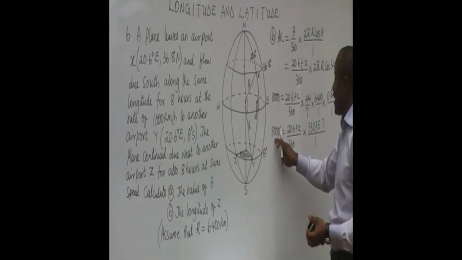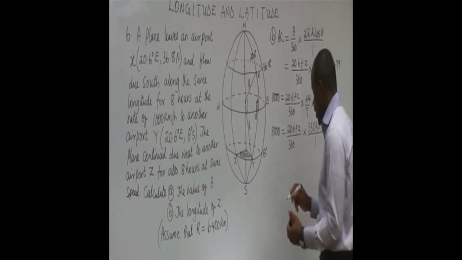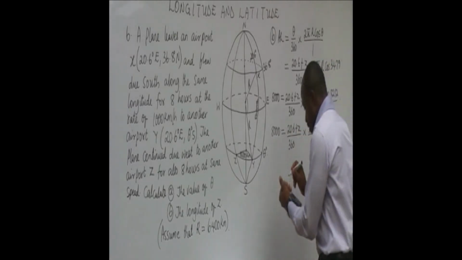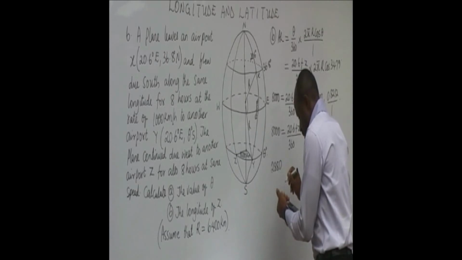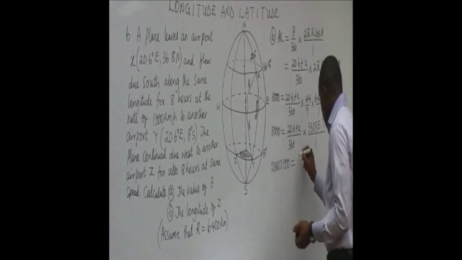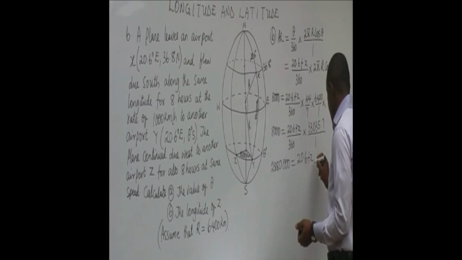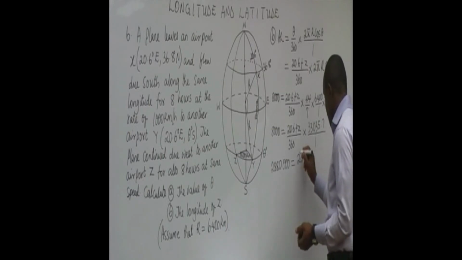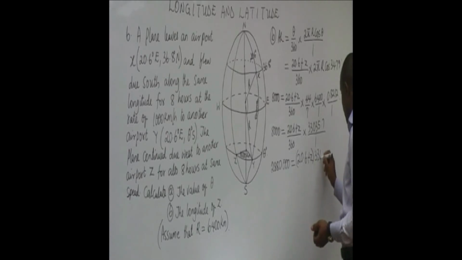So I'm going to multiply this and this and equate it to the multiplication of what we have here and this. So we're going to have 2x will now be equal to 20.6 plus Z, in bracket, times 33,035.7.